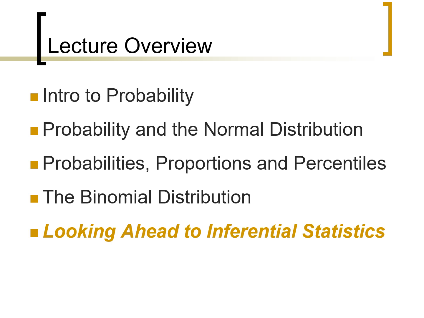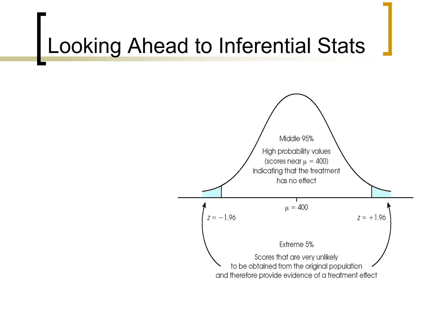So as we look ahead to inferential statistics, there's a bunch of things to keep in mind that we'll be coming back to from this chapter. First of all, if we take a distribution and we want to say the middle 95%, what is the probability that we get something in the outer 5%?